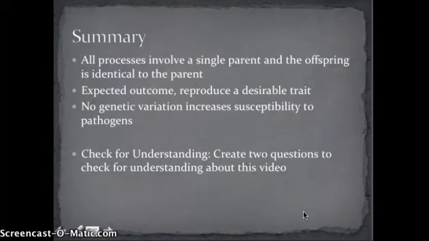For example, if I want to make many more mint plants, I know that I'm going to get the same exact one as before. So expected outcomes are sometimes desirable, especially in farming. Some disadvantages are that no genetic variation is going to increase your susceptibility to pathogens. So you're all going to have the same weaknesses to the same pathogen.